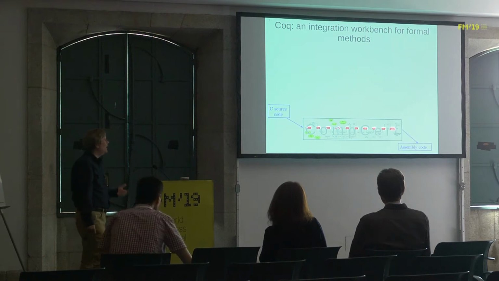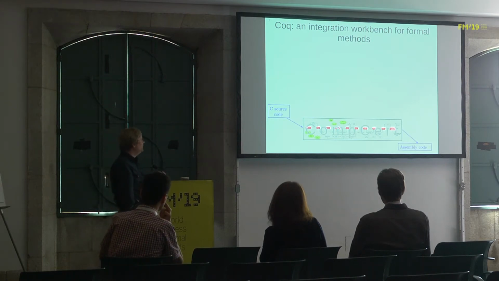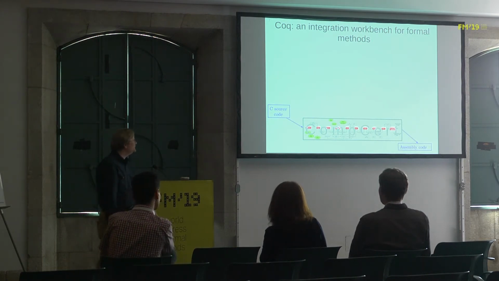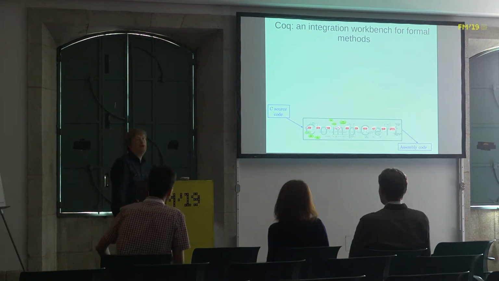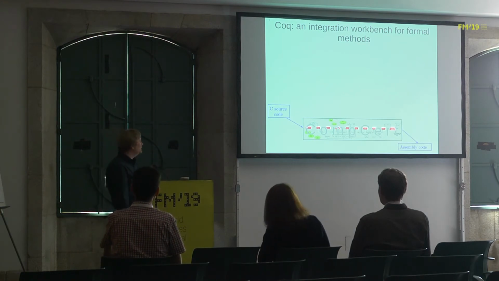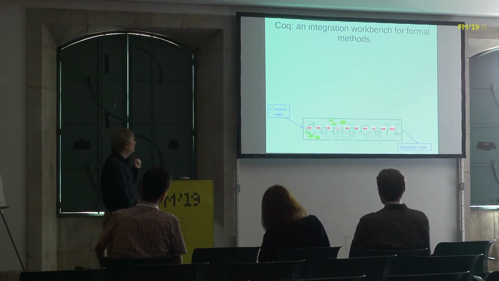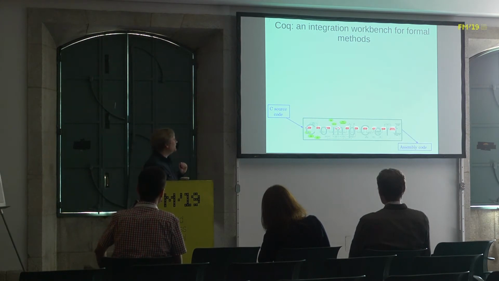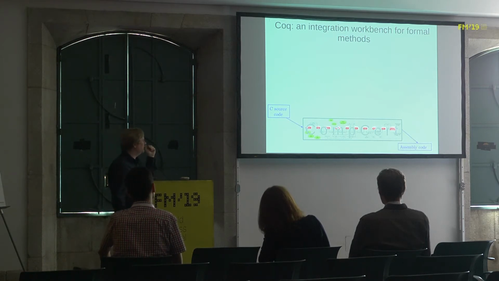To detail that a little more before I go into the technical contributions of this paper, I'd like to outline roughly how VST-based verification looks. At the bottom of the slide we have the CompCert compiler with about 8 intermediate languages and about 15 transformation phases.